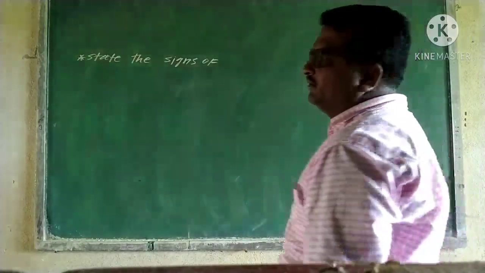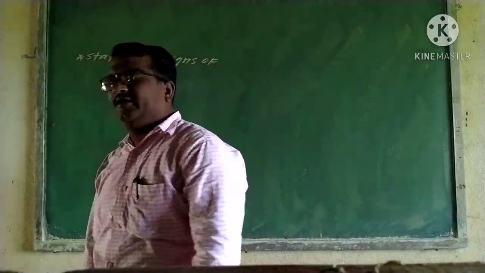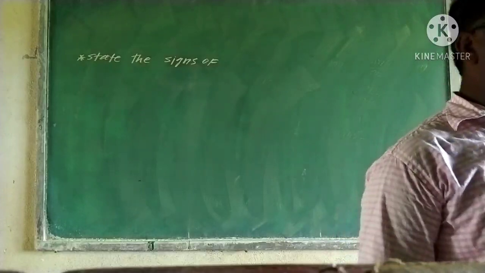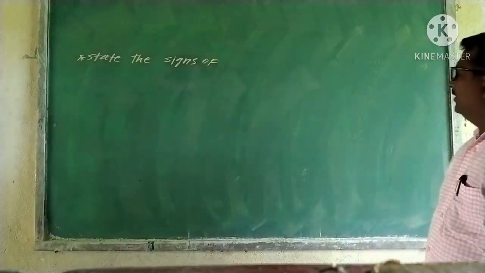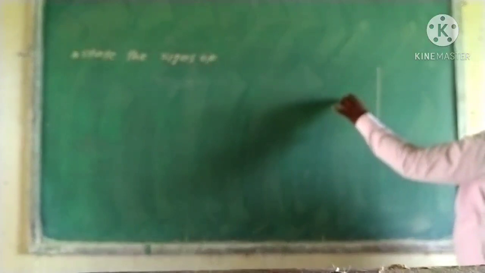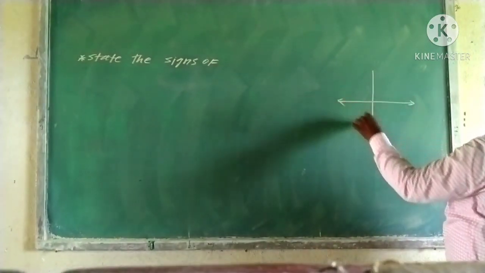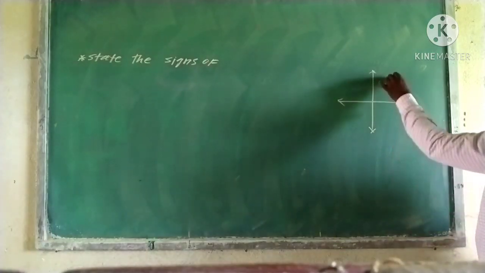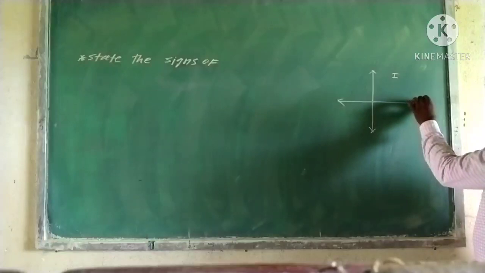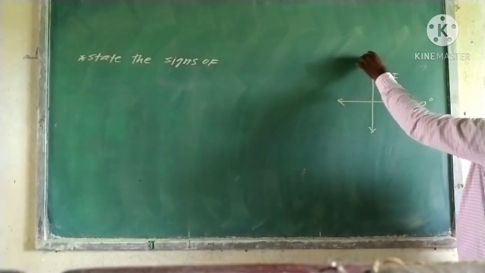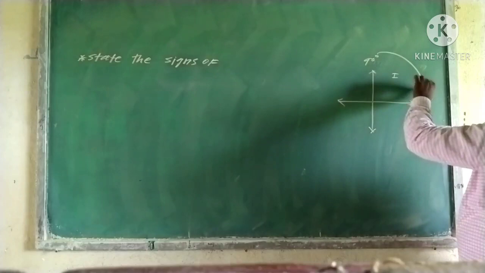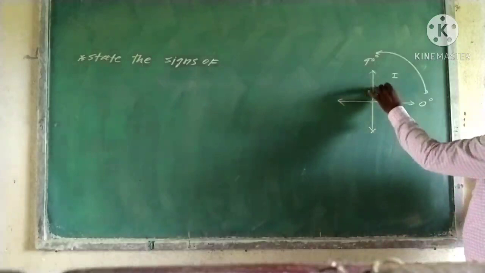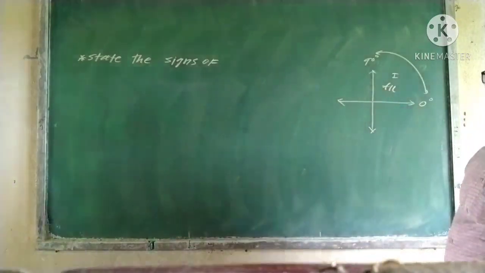We study that in different quadrants the signs of trigonometric functions are different. There are 4 quadrants. The first quadrant goes from 0 degree to 90 degree, and in the first quadrant all trigonometric functions are positive.